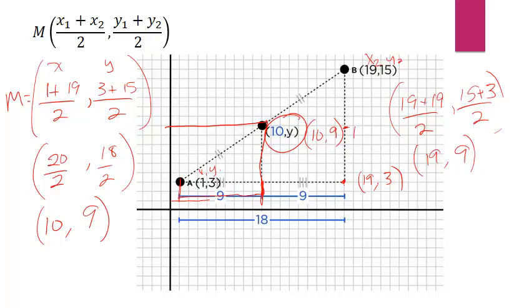So we're going to have 19, 9 as our midpoint here. So we can actually continue this out. And if we look at our midpoint here, it's going to be right here. And notice if we find midpoints all the way around on a right triangle, we end up with a right rectangle.